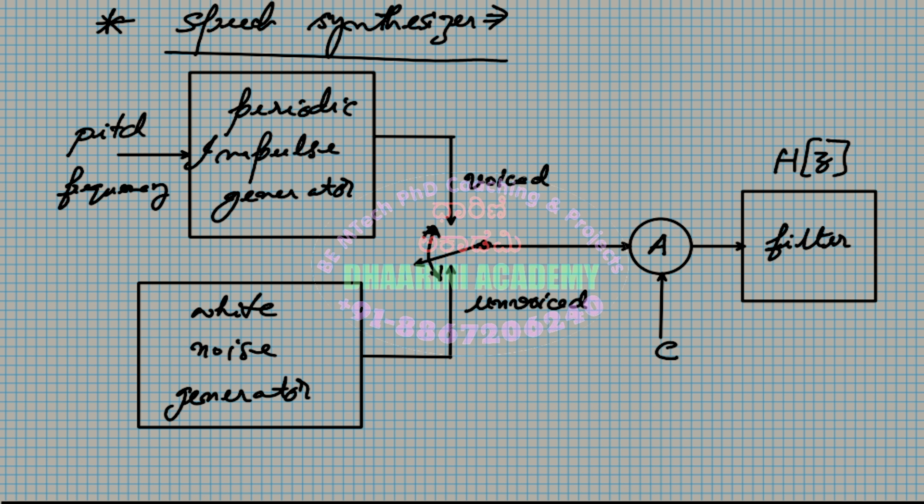The filter has one output. I'll write the output below like this. It provides an output that is the approximated speech sample, because you are synthesizing. It's not the speech generation that is happening inside our body. Now you see exactly what happens here. The selected voiced or unvoiced sound is provided with a certain amount of gain.